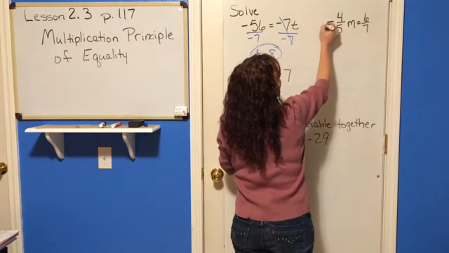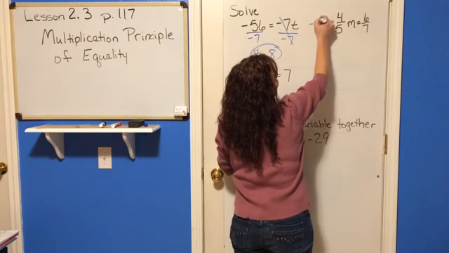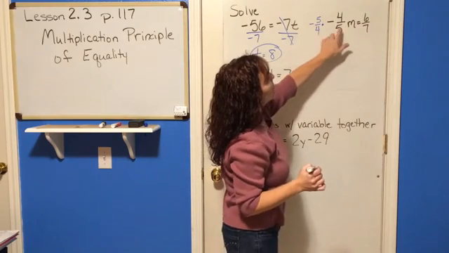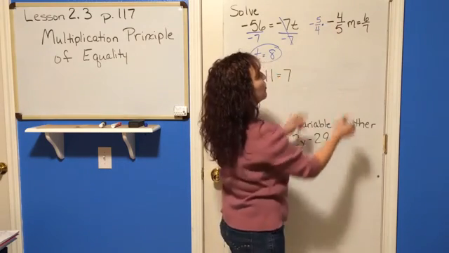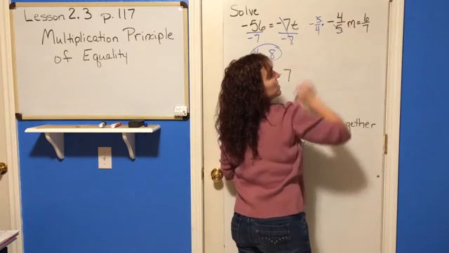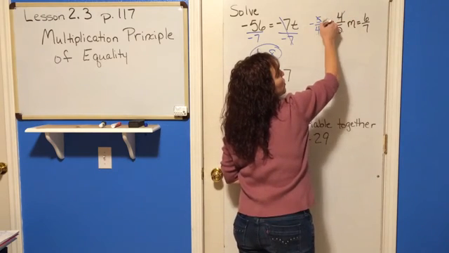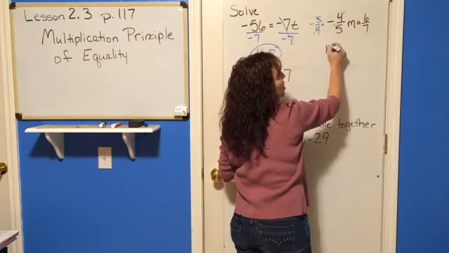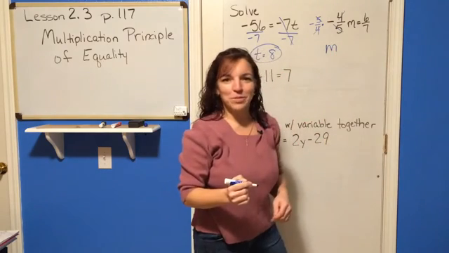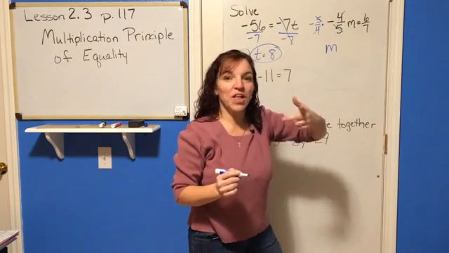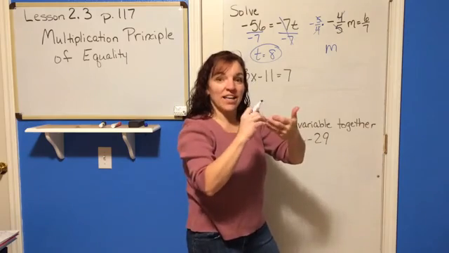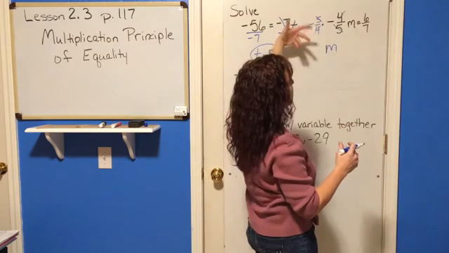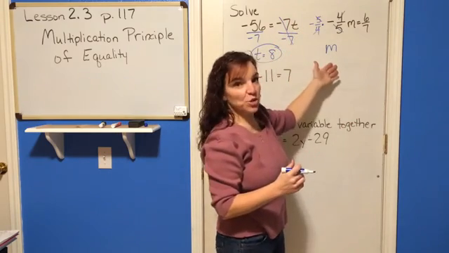If you multiply negative 4/5 times negative 5 over 4, your 5's will reduce down to just 1 and your 4's will reduce down to just 1. Negative times a negative is a positive and you are left with just m, which is what you want. So the reciprocal of a number is its flip, and by multiplying by its reciprocal, you get the answer of just 1.